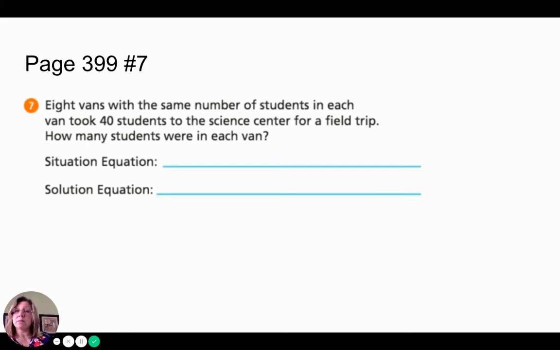There's 8 vans, 8 times, we don't know how many students are in the vans. There are 40 students in all. So 8 times something equals 40. That's the situation. Now to solve that, we have to divide 40 by 8. Okay, that would be the solution equation.